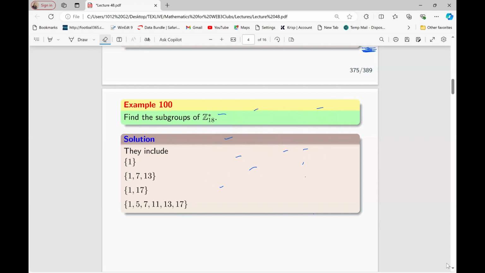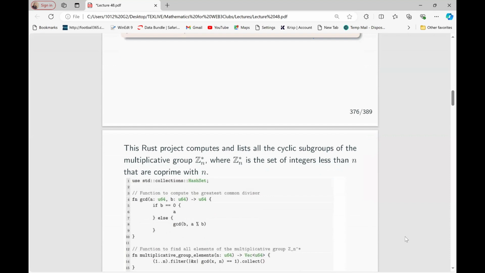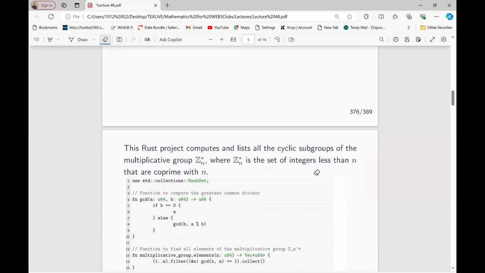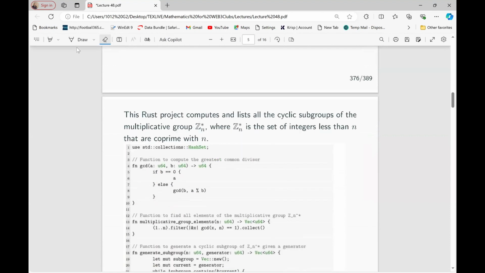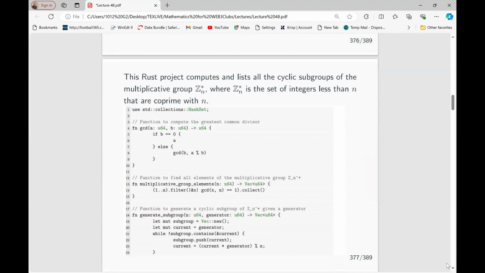Those are the examples I wanted to look at, and then we go to the code. We need to understand the code, how to write it, and how it works. I have this part for the GCD.